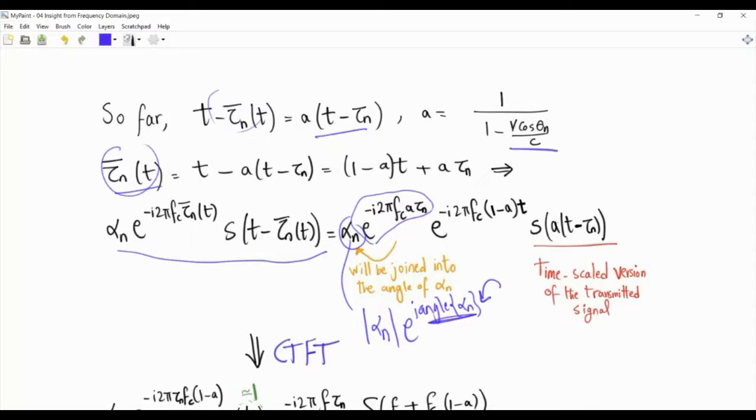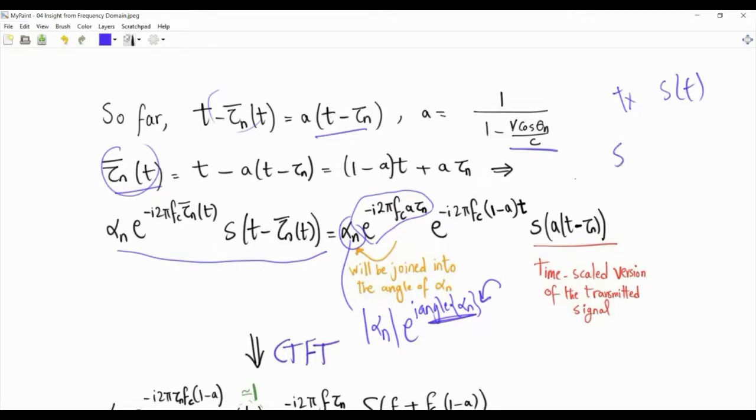Now, under our assumptions, we ignore acceleration. We assume that if the terminal is moving, it's moving in some given direction with some constant speed. We are also assuming that the transmitter is very far from the receiver and so on. Under those assumptions, we get a time-scaled version of the transmitted signal. You transmit s of t, the baseband transmitted signal before upconversion.